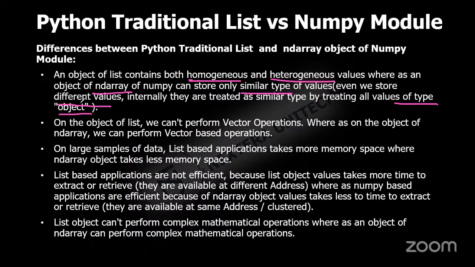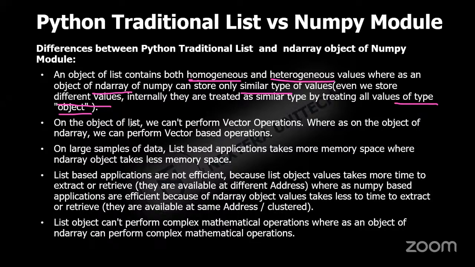Even if you are trying to store different type values in an NDarray object, internally the type will be object based. The type of all these values will be treated as object.